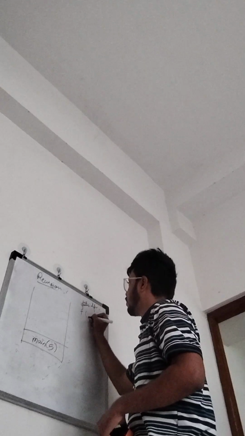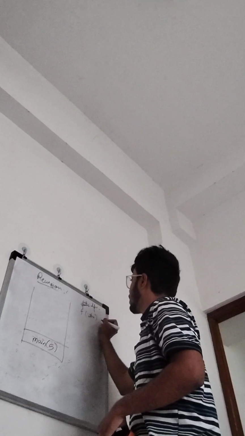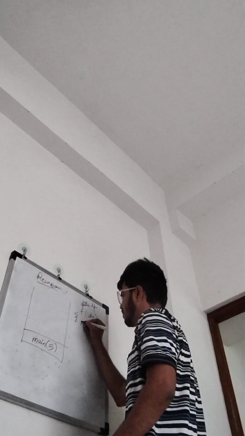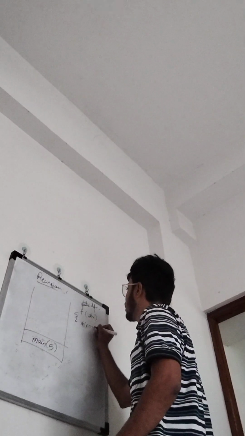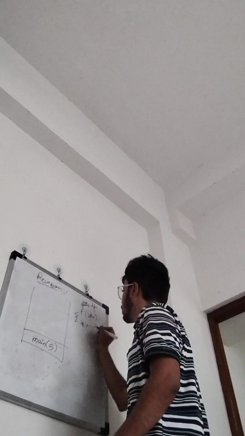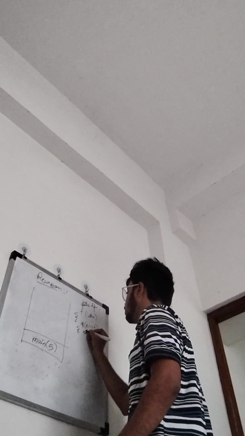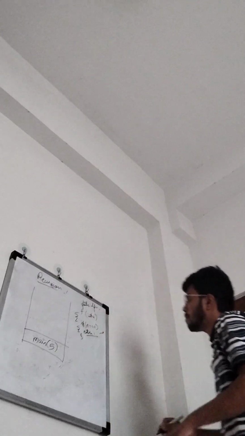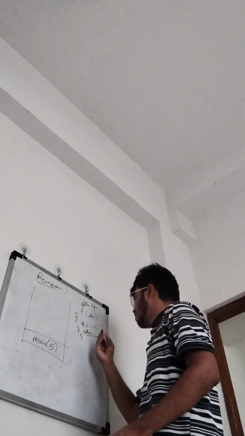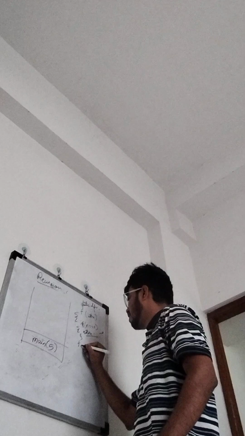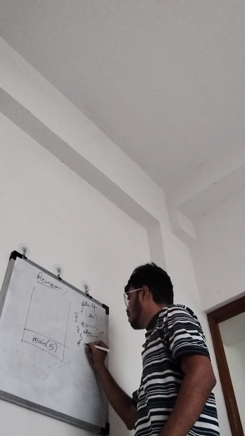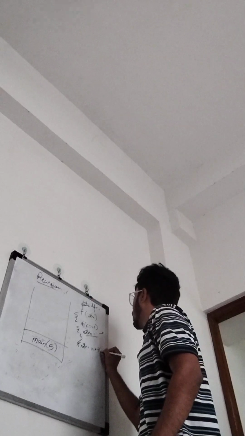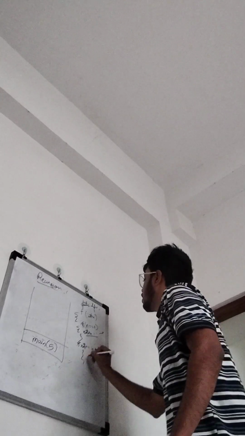You write f with some int n, and then you write the base condition. A return statement is compulsory in the base condition, and then you return n into f of n minus 1. This is the recursive call.